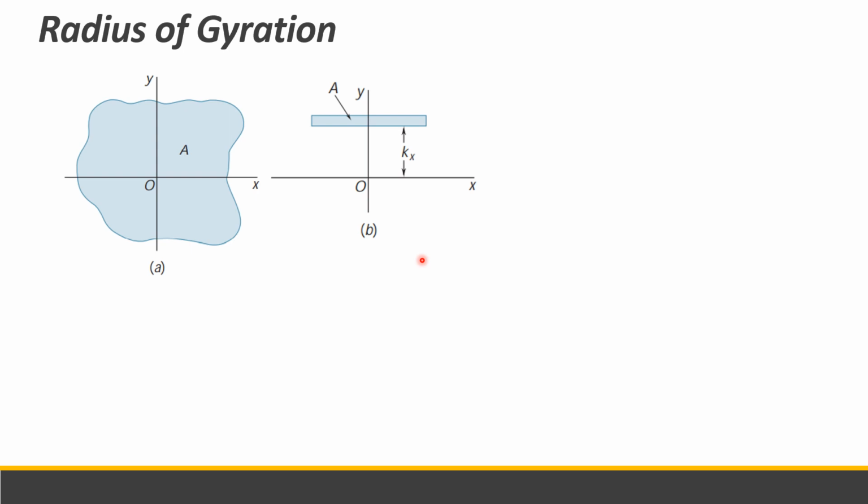If the area is concentrated, we still have the same moment of inertia and area with respect to the x-axis, and this area is placed at a distance kx, which is defined by the relation Ix equals kx squared A.